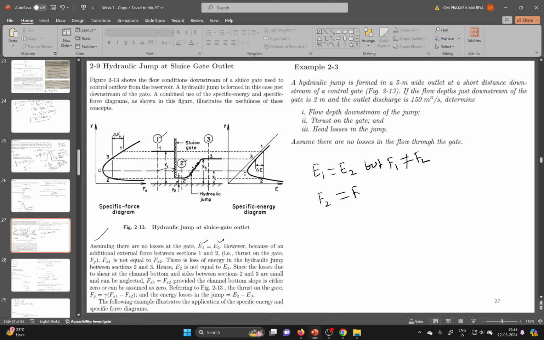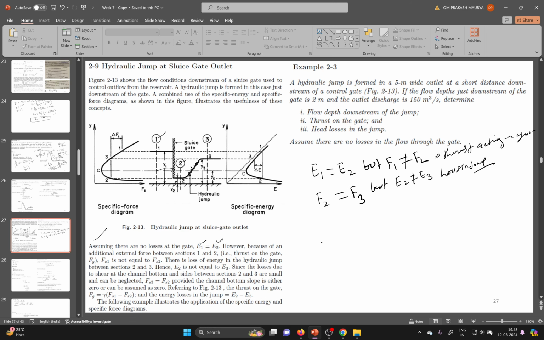F2 equals F3 because we have assumed negligible loss due to shear, but E2 does not equal E3, because of loss in the jump. Here is the thrust acting on the gate. So this is the whole idea.